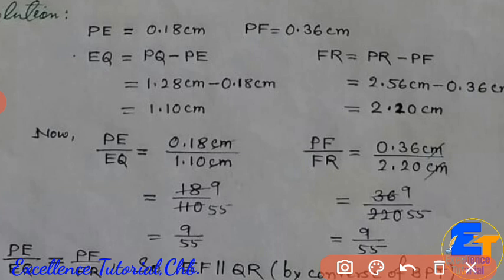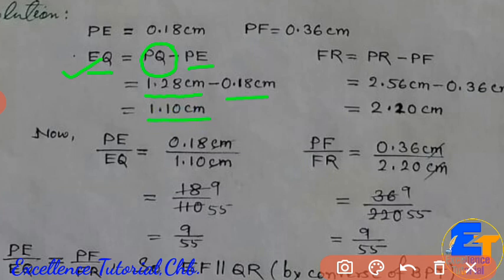You can see here, in order to obtain the actual length of part EQ, I subtracted the length of PE from the whole PQ. Since the full length of side PQ of triangle PQR is given as 1.28 centimeter, we subtract 0.18 centimeter from 1.28, and hence we get the length of EQ, which is 1.10 centimeter.